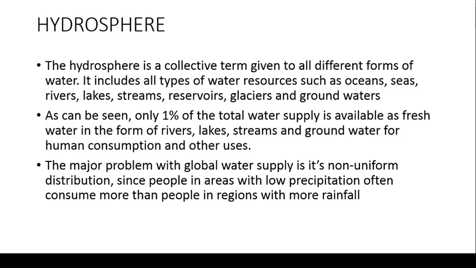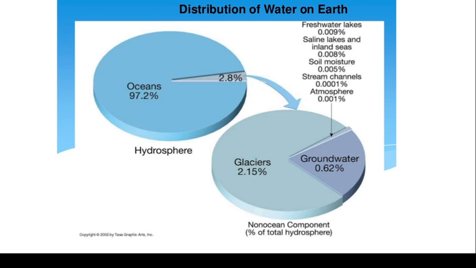Water can be stored in oceans, seas, rivers, lakes, streams, reservoirs, glaciers, and in the form of groundwater. Of the total hydrosphere, only 1% of fresh water is stored in the form of river, lake, stream and groundwater that is easily available for human consumption and other uses.